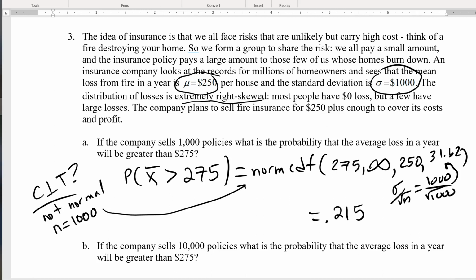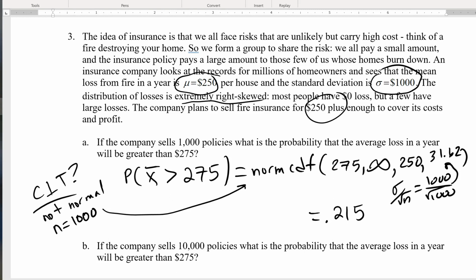So what are we doing here, right? Well, I'm going to sell fire insurance for $250 plus $25 to cover costs and profit. I want to make money on this, right? So if I'm selling for $275, I'm selling you an insurance policy on your home. Am I making money?